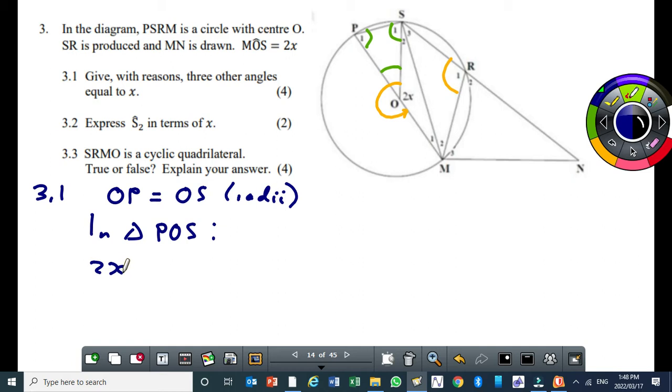Therefore, it's going to be equal to P1 plus S1. And my reason here is going to be exterior angle of triangle. So let me remove this mask. Is there anybody who saw the way that I'm doing it?